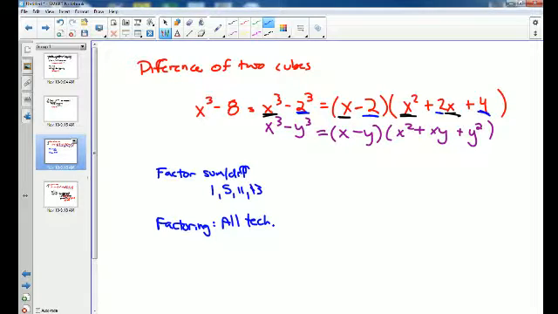You have to be able to choose which one you're going to use. 2, 7, 10, and 15. So you got 9 problems, from the notes, from everything you've done. All techniques.